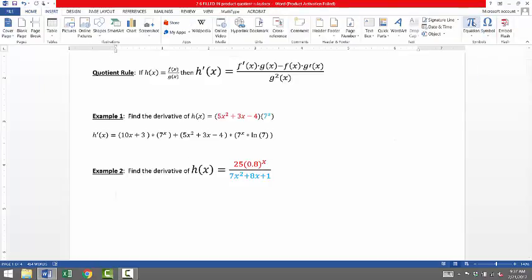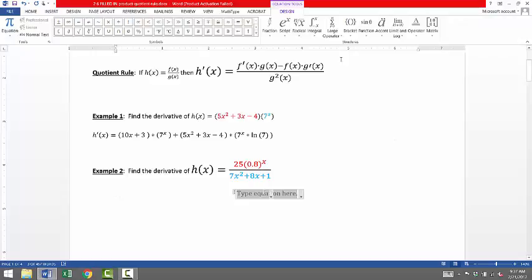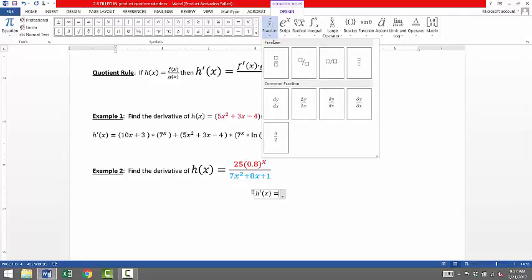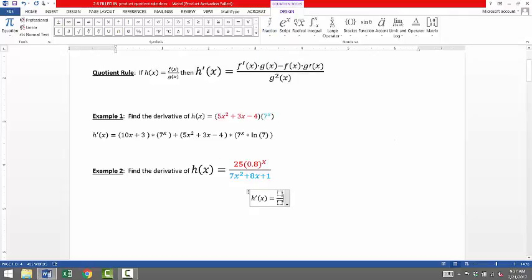So the first thing I do is set myself up this little template. I know I have a quotient, a big fraction. In the numerator, I'm going to have f prime times g minus f times g prime. And in the denominator, I'm going to have g squared.